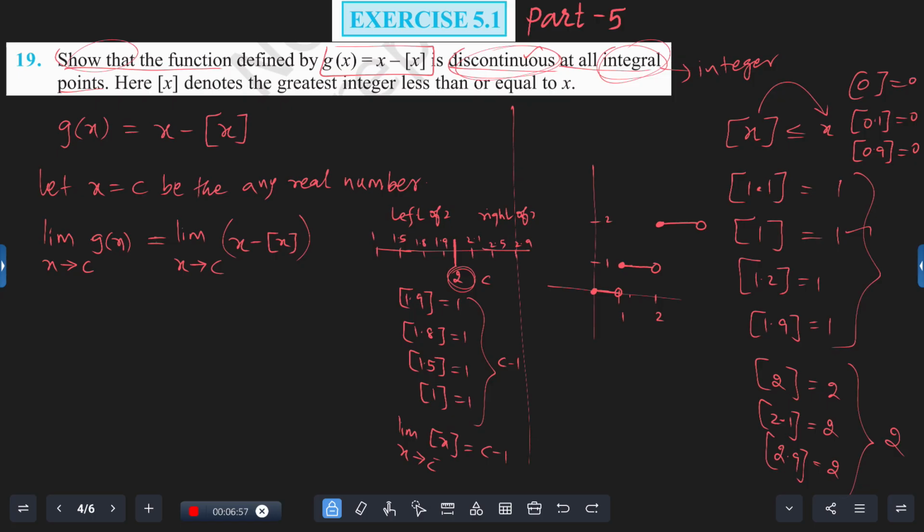The greatest integer of 2.1 is 2, of 2.5 is 2, and of 2.9 is 2. Whatever number I use, the same outcome comes. So the limit as x tends to C plus of the greatest integer of x gives x as it is. No need to add or subtract anything.